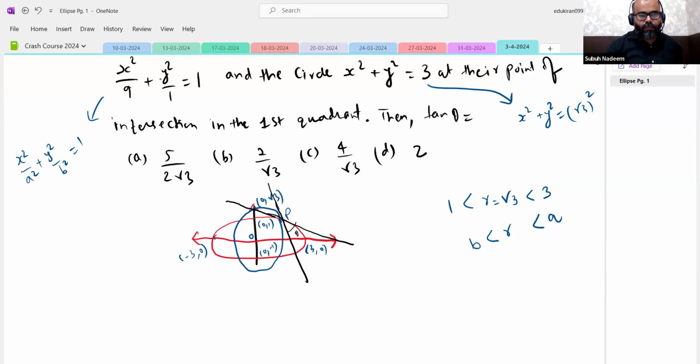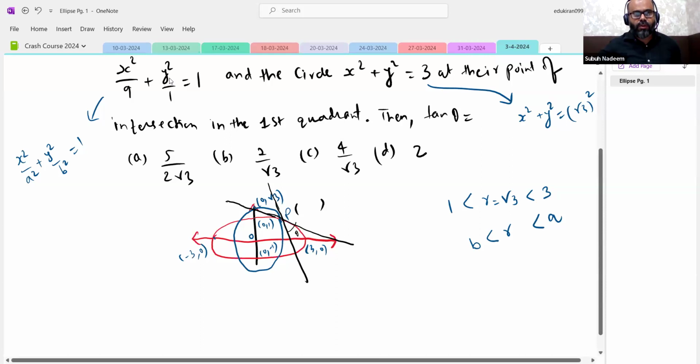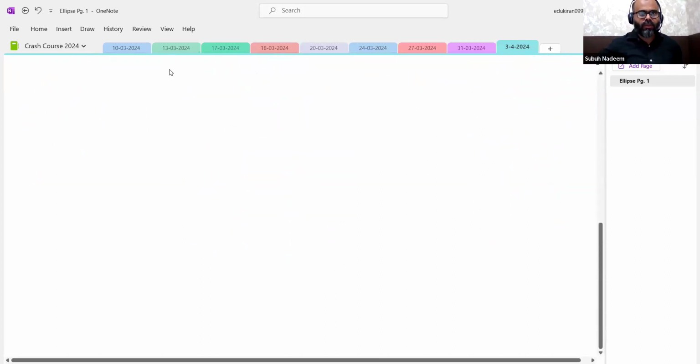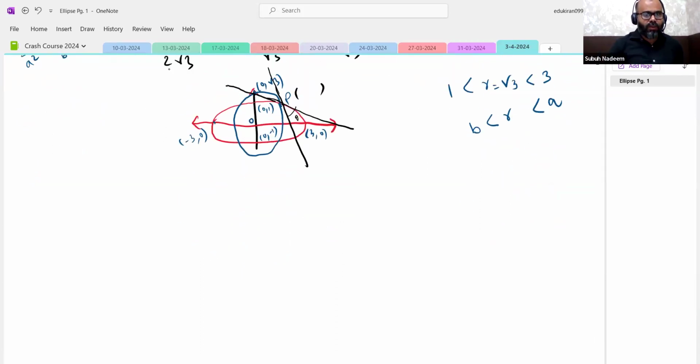Okay. So we have to first find the point of intersection. So when we solve these two equations, one equation is x square by 9 plus y square by 1 is equal to 1, and another is x square plus y square is equal to 3.